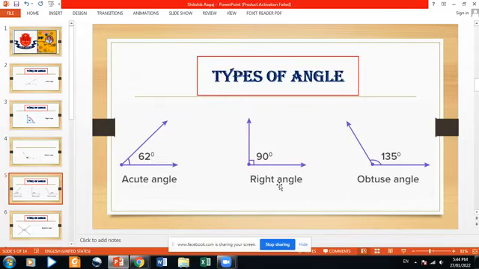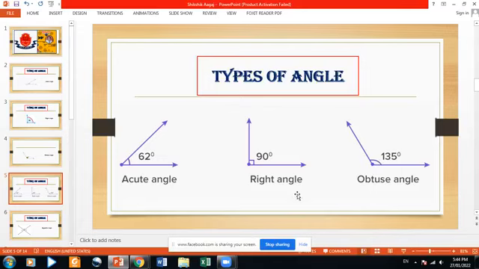Second angle, the measurement is given as 90 degrees, so it is a right angle. The third one, the measurement of the angle is given as 135 degrees, it is more than 90 degrees. So, this angle is known as an obtuse angle.